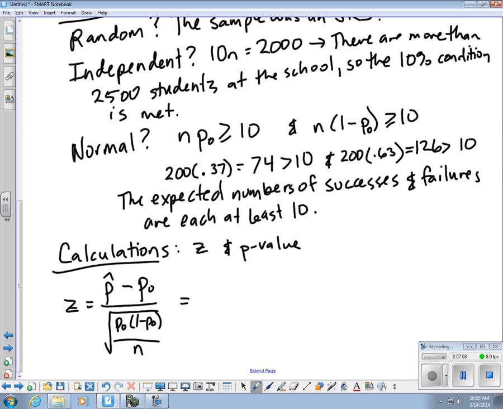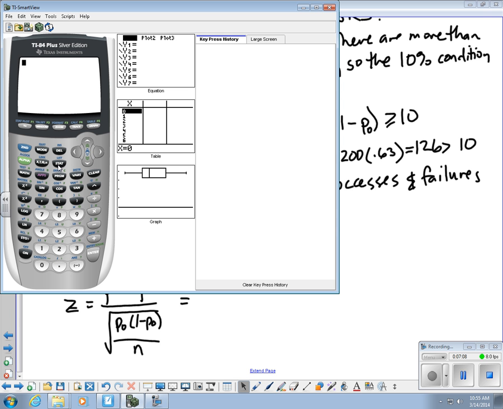Okay, so in this case I recommend going to your calculator. Choose from your test menu the one prop z-test, number 5. Enter in your null hypothesis value, number of successes, sample size, choose the correct alternative, and go to calculate. You can see that p hat is 0.415, and you've got your z-score and your p-value given there as well.